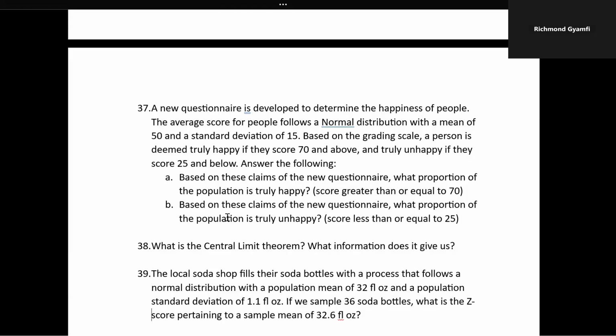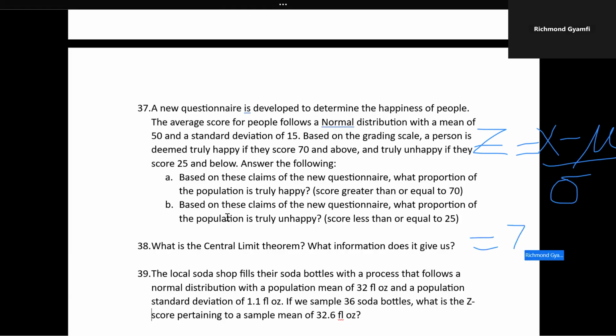So we're going to go to our formula again: z equals x minus our mean divided by standard deviation, which is 70 minus my mean, which is 50, and the standard deviation is 15.